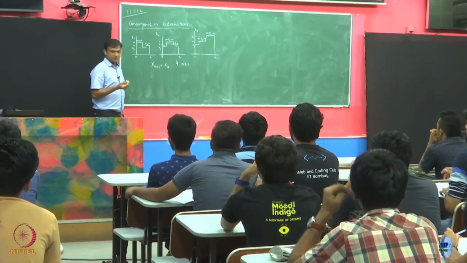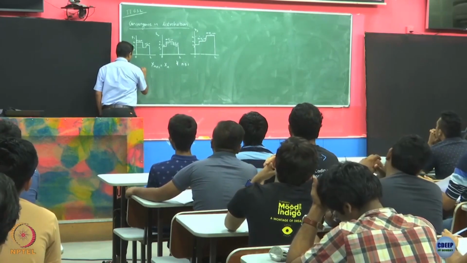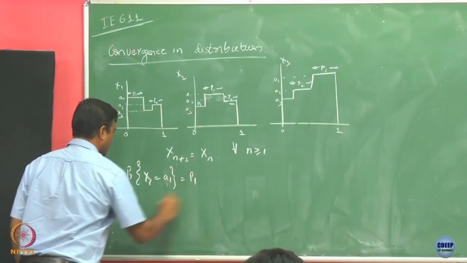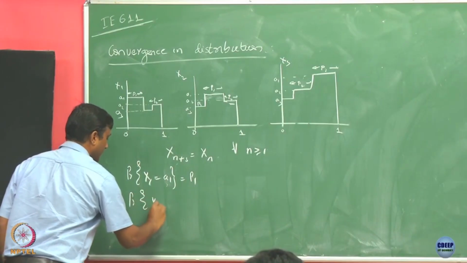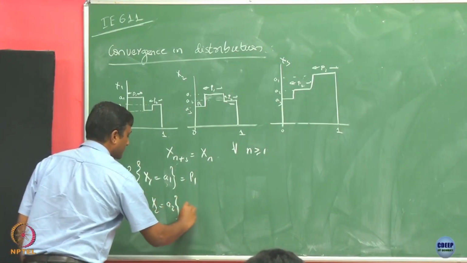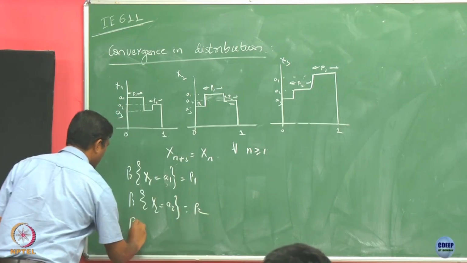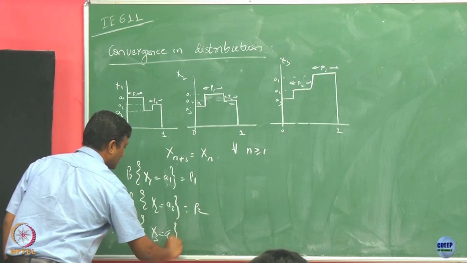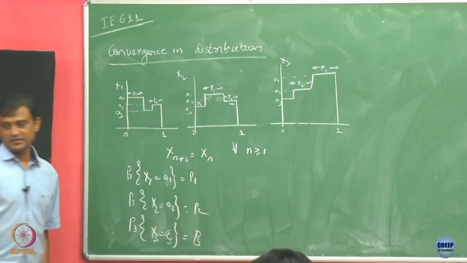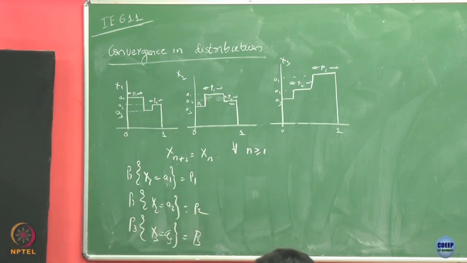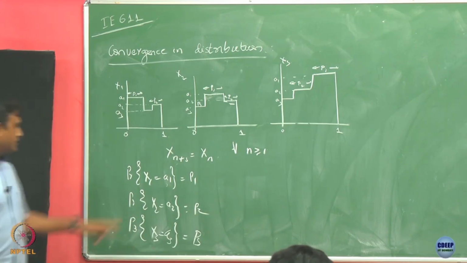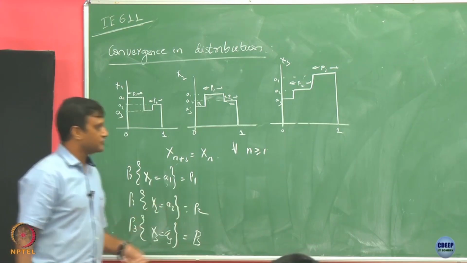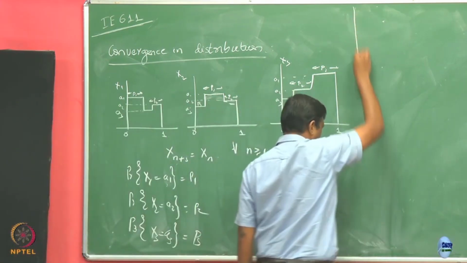The limiting distribution is one where the probability that X equals a1 is p1, equals a2 is p2, and equals a3 is p3. So this is going to be any random variable which takes the values a1, a2, a3 with probabilities p1, p2, p3. This is going to be my limit distribution here.